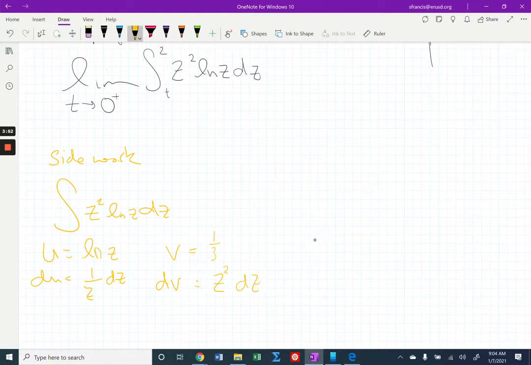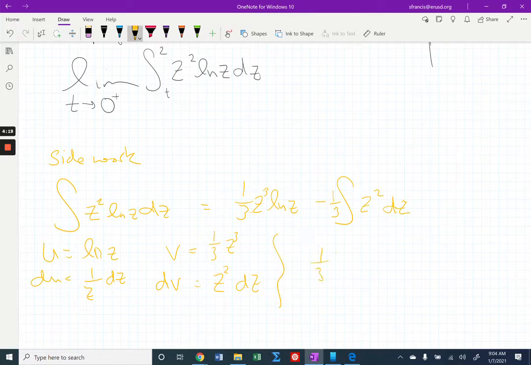We end up with 1/3 z cubed here, and so when we put this back together, we've got 1/3 z cubed natural log of z minus, and then we're going to integrate. We're going to multiply these together, so the 1/3 stays in front of the integral. 1 over z times z cubed is z squared, and so you put a z squared in there like this.